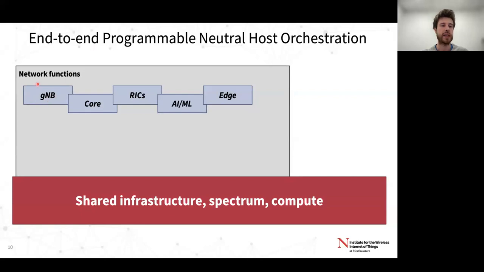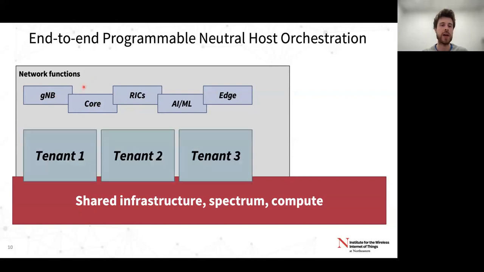So the idea is that the base stations, core network, and so on and so forth become flexible network functions. And then we have different operators or different tenants that can come in and say, hey, I need to use some portion of the infrastructure because I want to deploy a specific service, for example the gNodeB here.